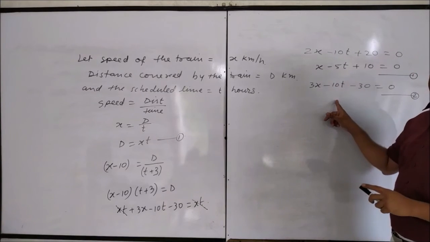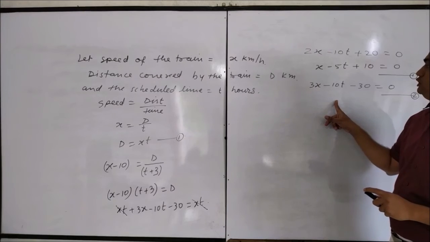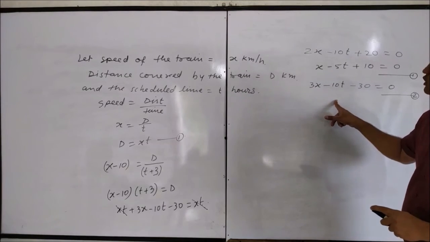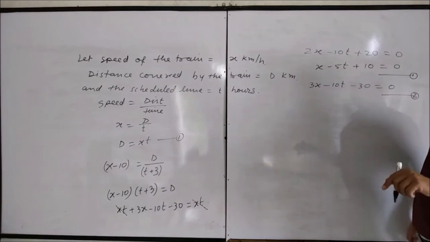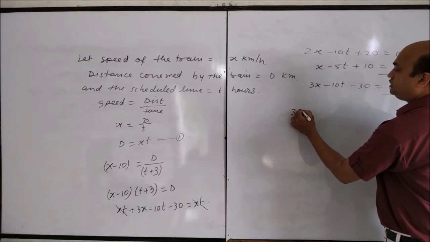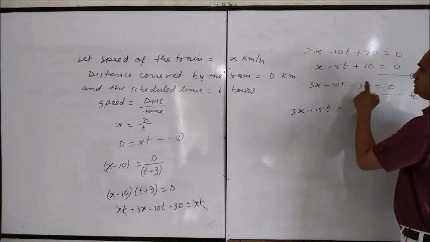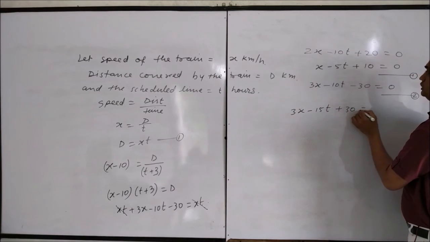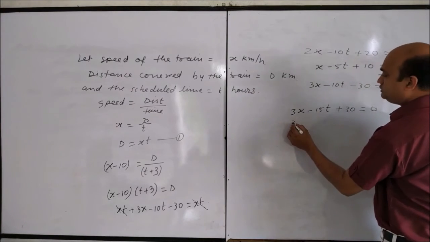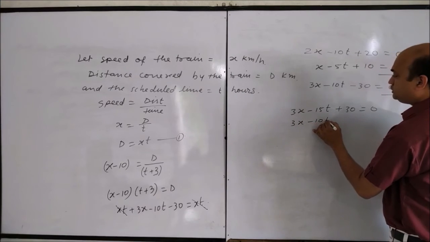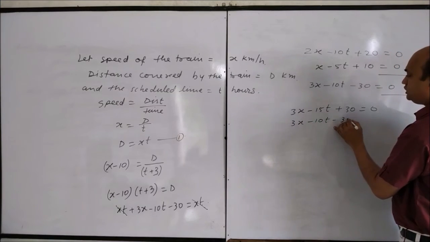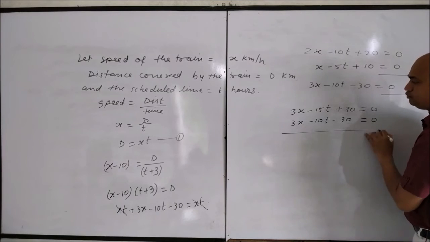So these are the two equations that can be solved to get the value of x and t. The first equation we multiply by 3. It will be 3x minus 15t plus 30 is equal to 0, and this will be 3x minus 10t minus 30 is equal to 0.